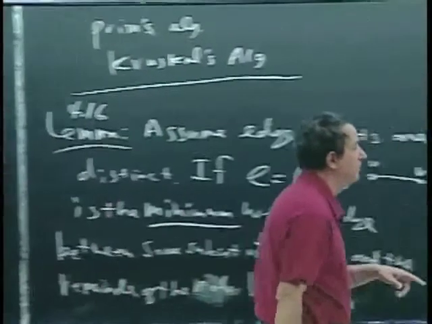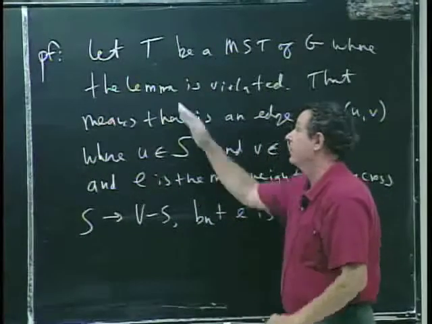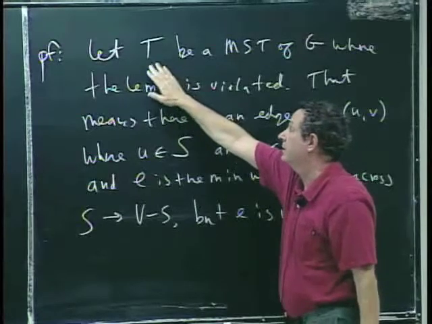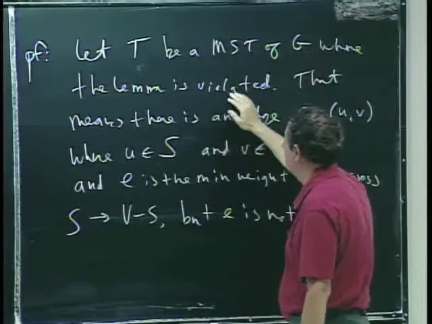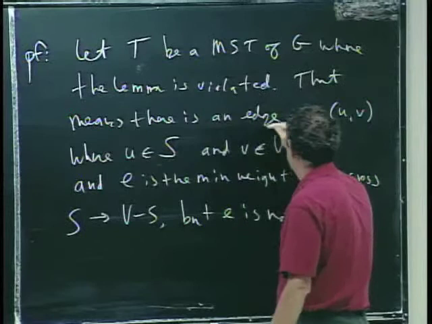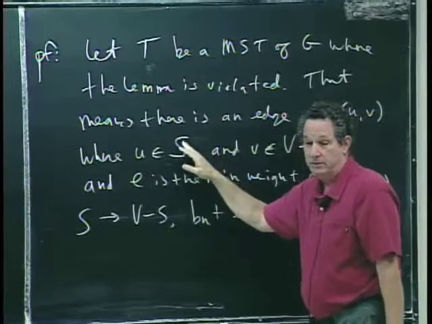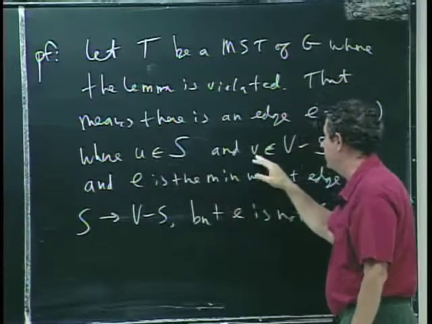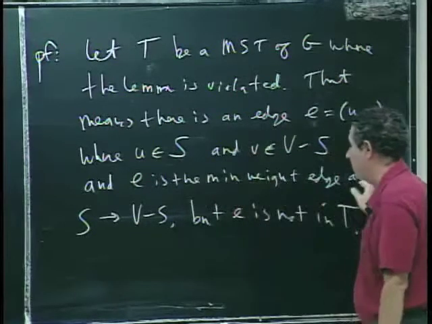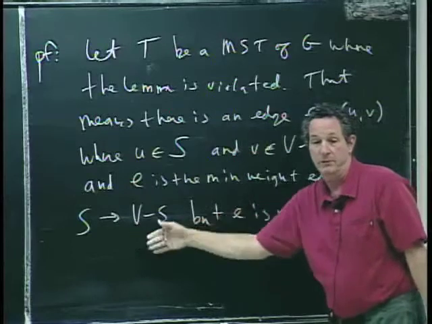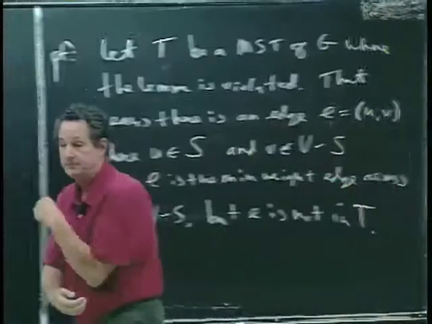Well, we started over here by saying that the lemma is not true. So assume the lemma is not true, that means that there's a tree T, which is a minimum spanning tree, that violates the lemma. That means that there is some edge E, where U is in subset S, and V, the other end of E, is in subset V minus S, and E is the minimum weight edge across that partition from S to V minus S. So it's in the premise, it's the beginning of the proof.